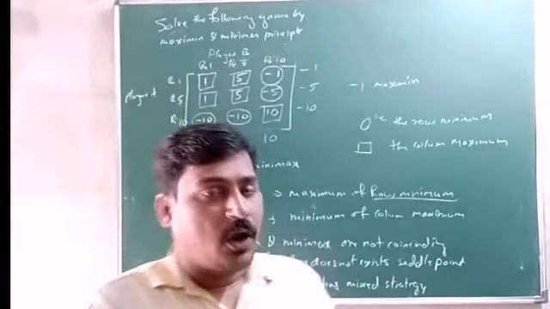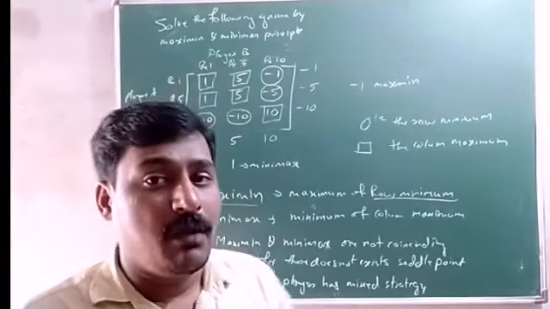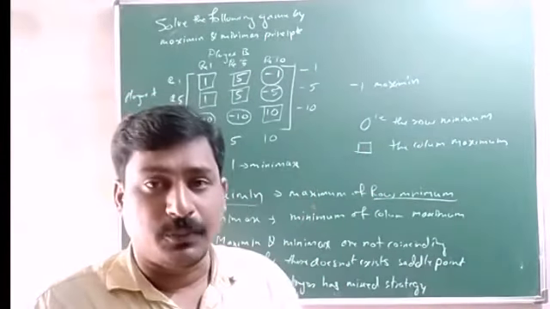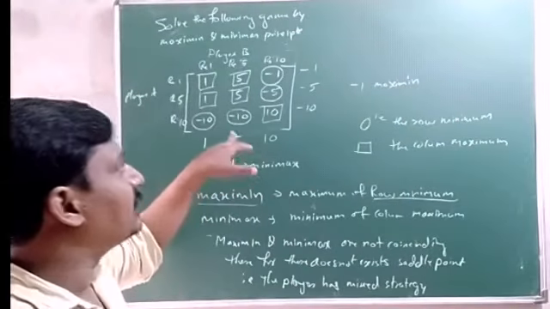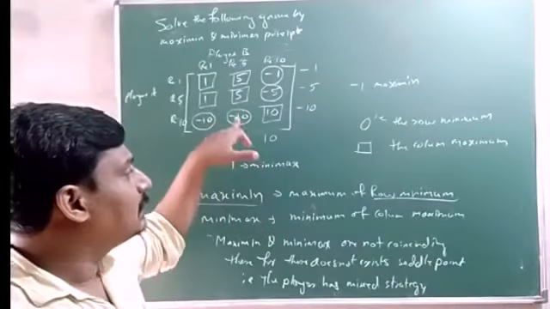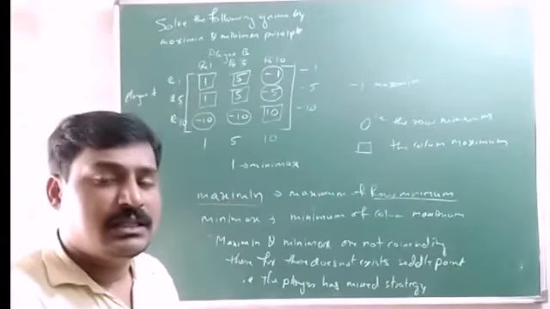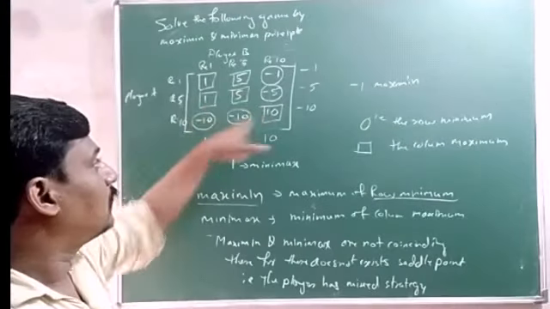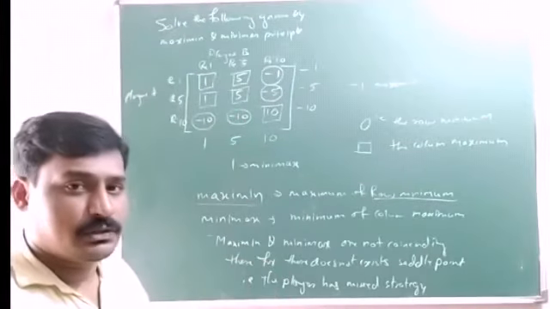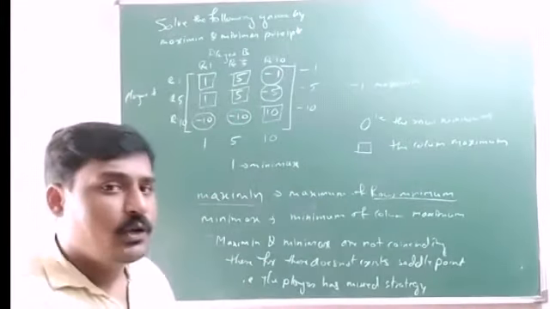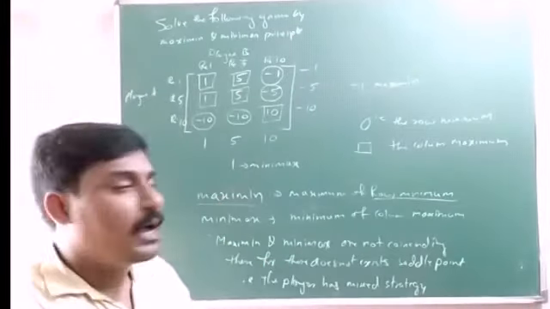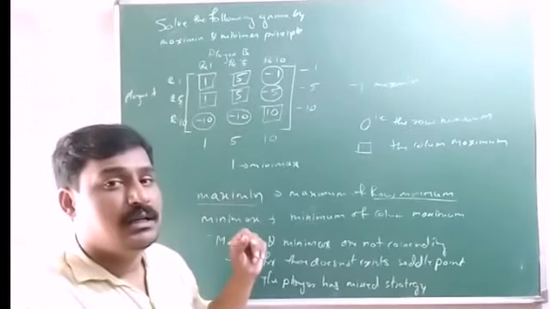If on any payoff we have both circle and box, that is the saddle point. Is there any payoff here which has both? No. Because this game doesn't have a saddle point, each payoff has either circle or box. If you have a saddle point, at that payoff we get both a circle and box.